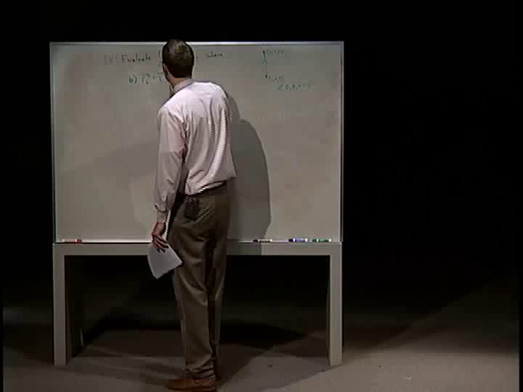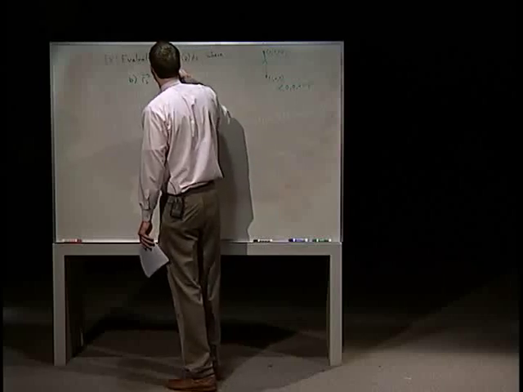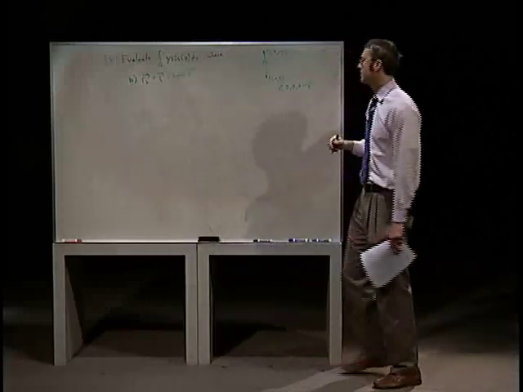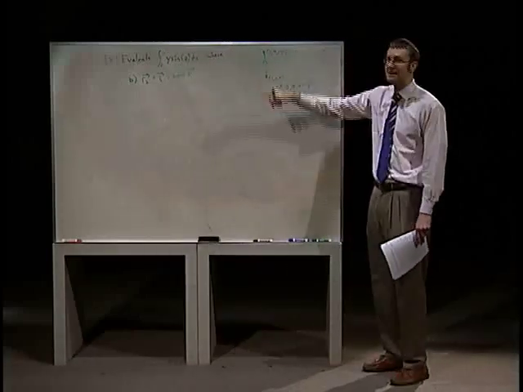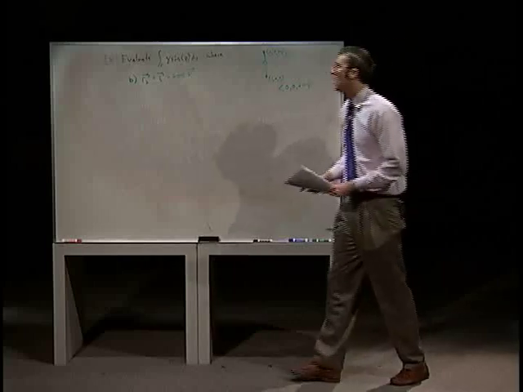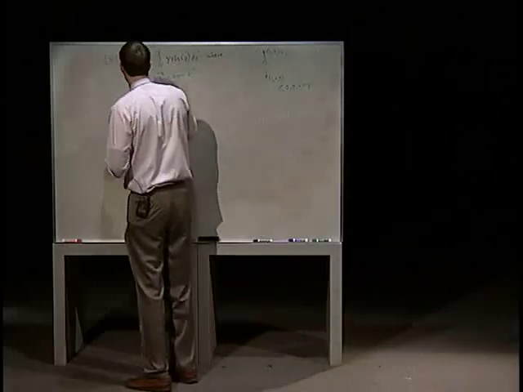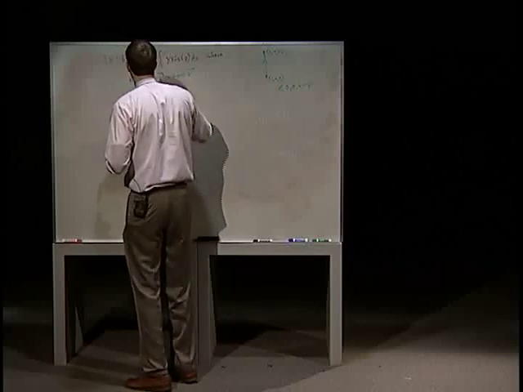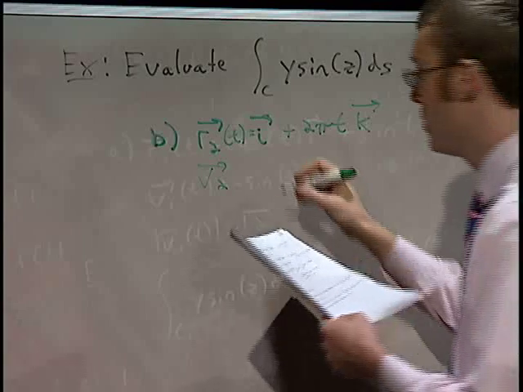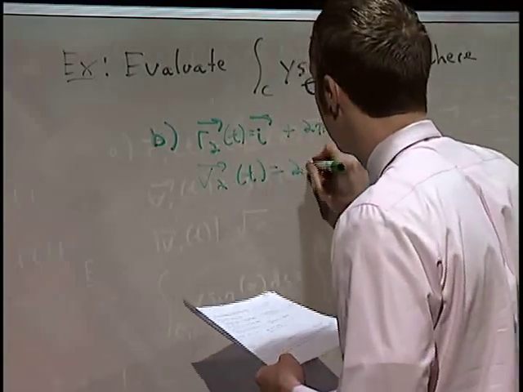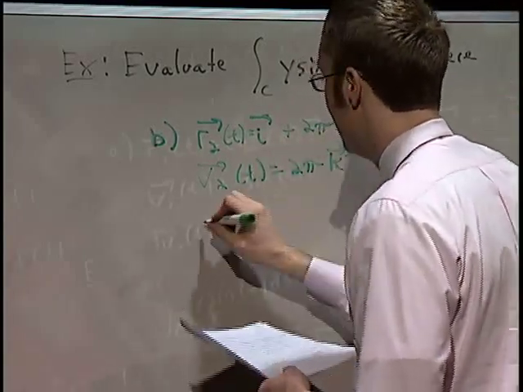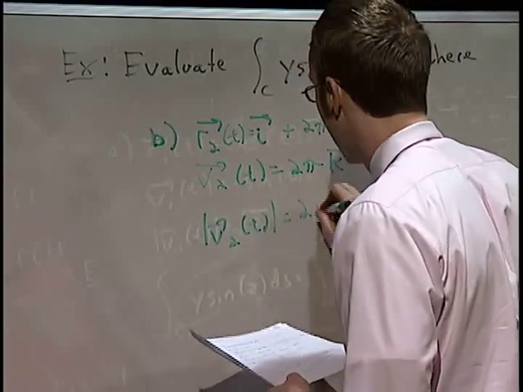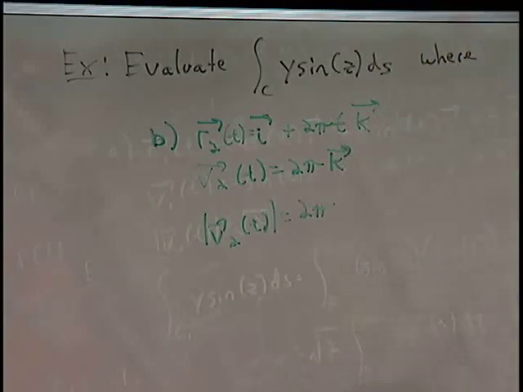So our parameterization is something like plus 2 pi tk, right? So there's the smooth parameterization of that line segment, okay? And let's see, so V2 of t is just 2 pi k, and the length of that is certainly 2 pi, right? That makes sense, okay?